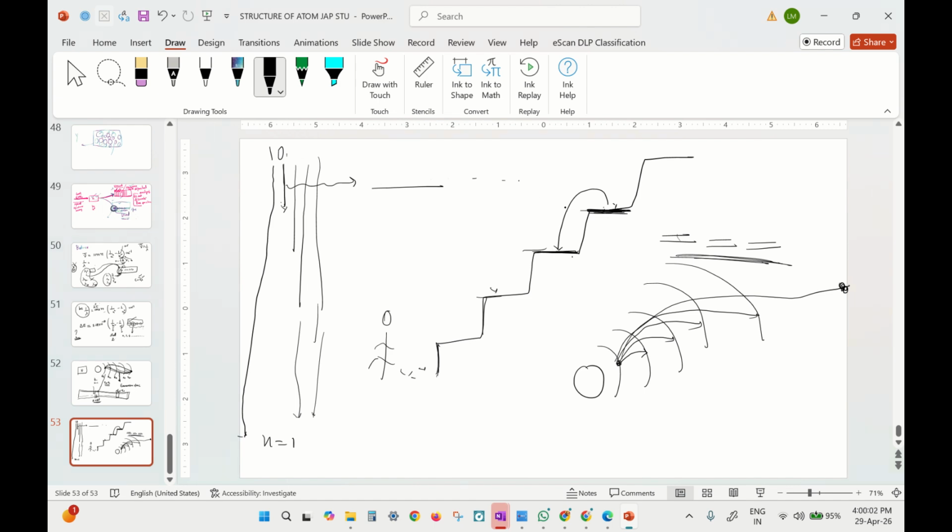No, it's not equal. Just now when I was discussing carbon, I said the difference in the energy values keeps decreasing. As you go farther, the energy difference keeps decreasing. No two shells have the same energy difference.